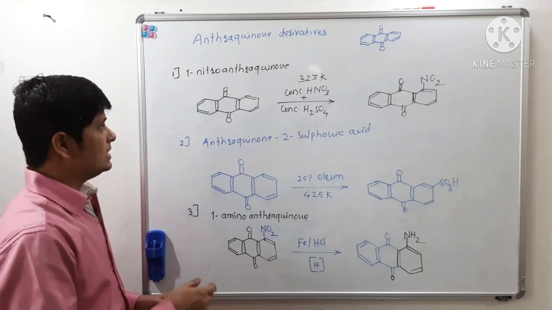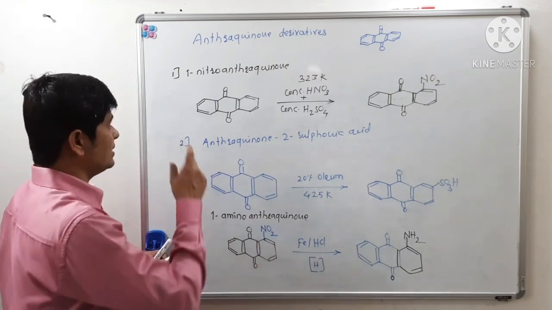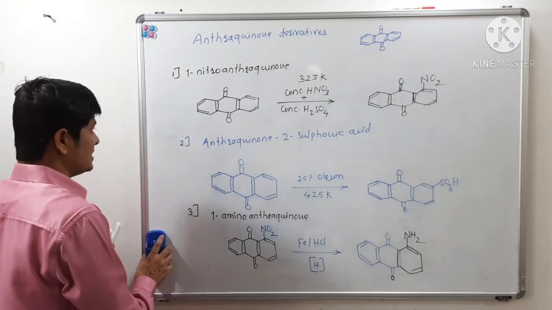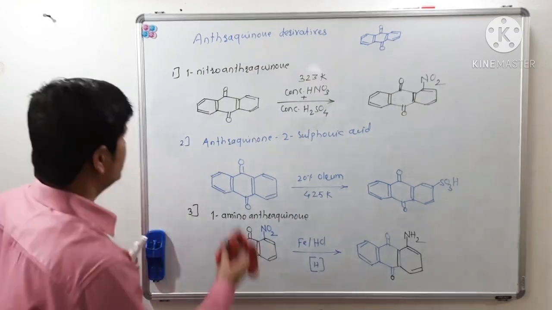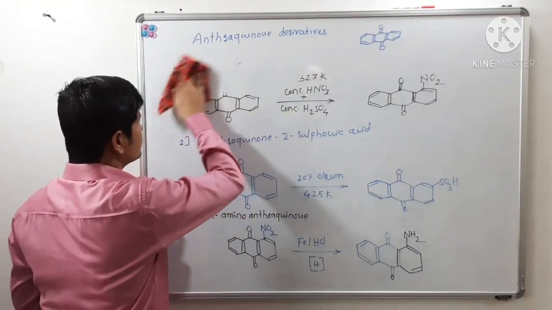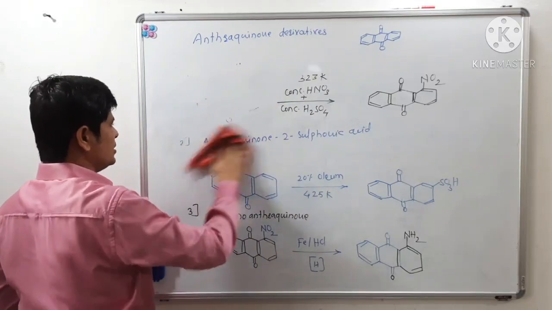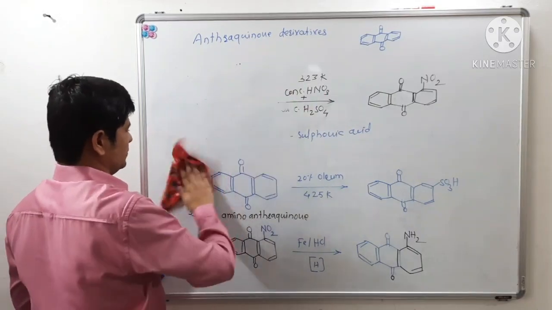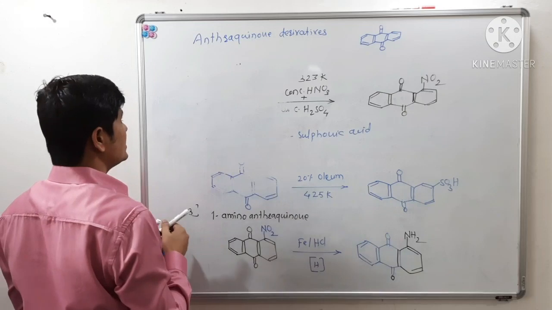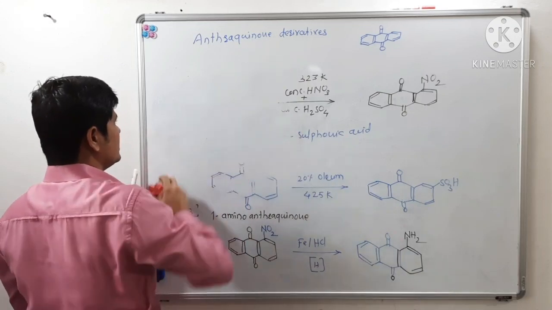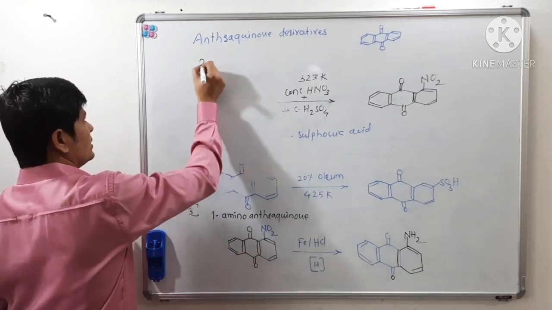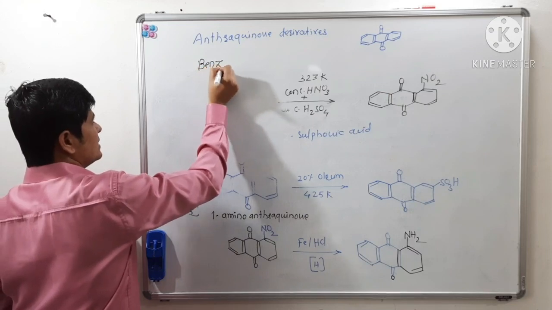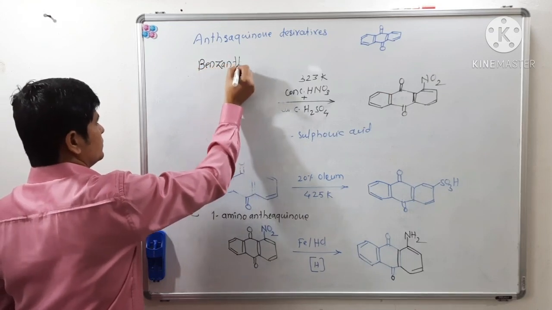Okay, now let us see the next synthesis of an anthraquinone derivative, that is benzanthrone. This is the last synthesis of this chapter, and the last synthesis of this anthraquinone derivative series also.